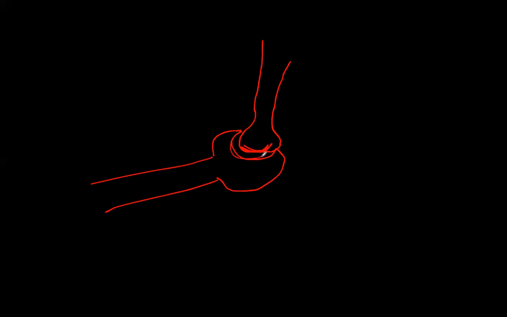That fits into the trochlear notch. Right here, this little bump is the coronoid process of my ulna fitting into the coronoid fossa on the humerus. This bigger one is called the olecranon process, which is fitting into this larger cavity called the olecranon fossa. Together, this is basically the majority of your elbow joint.